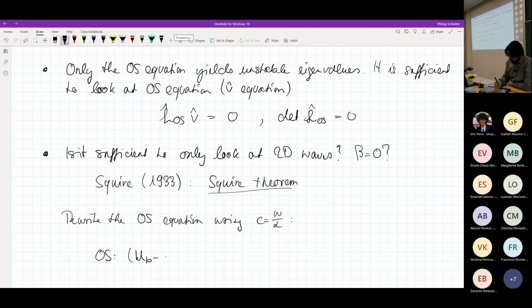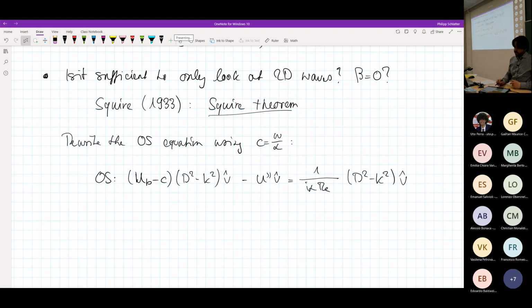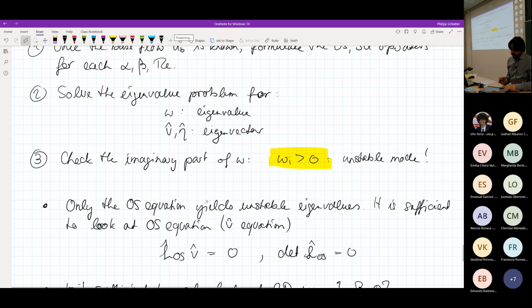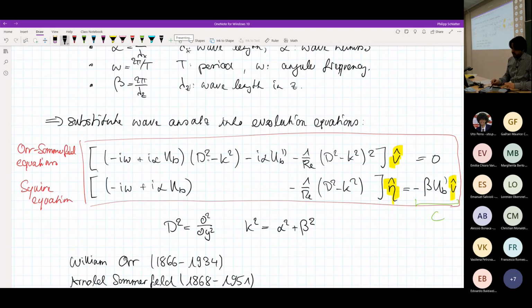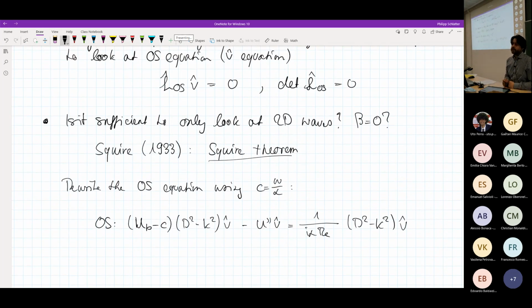It's just (U_B minus c) times (D squared minus k squared) times v hat, minus U_B double prime v hat, is 1 over i alpha Reynolds times (D squared minus k squared) squared v hat. So this is just the Sommerfeld equation, exactly the same. It's this equation here, just rewritten using c, the phase speed, inside. It's a very simple thing to do.